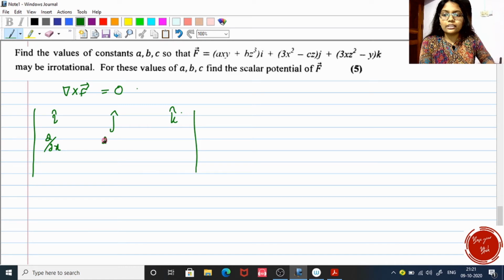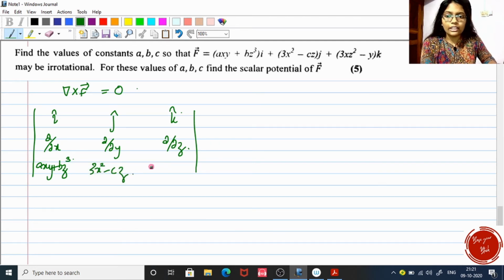Now the i component of capital F is axy plus bz cube. Next is 3x square minus cz, and finally it is 3xz square minus y. Okay, so now again i cap into, let's cross this, dou by dou y of this thing.